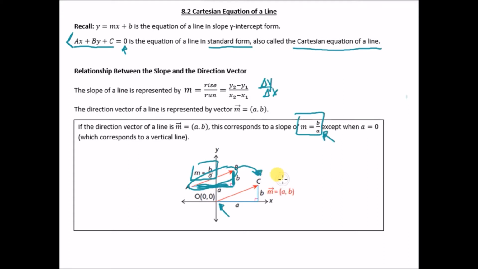Of course, the x component comes first now and the y component later, whereas the slope is the change in y over the change in x, so the y is on top and the x is on the bottom.